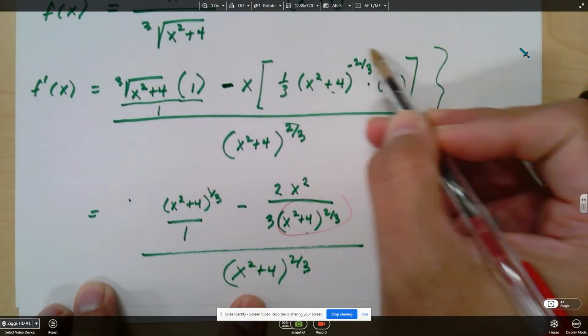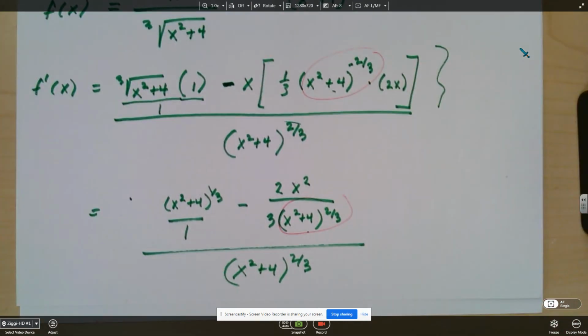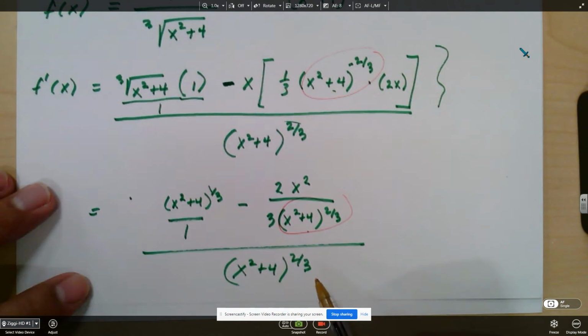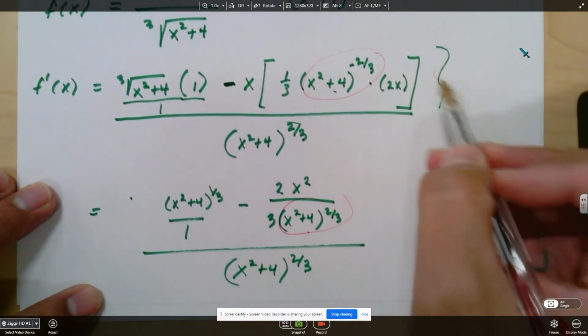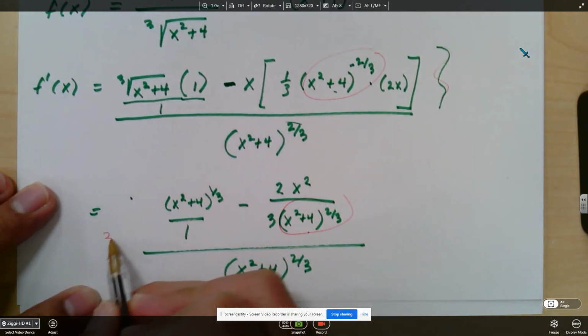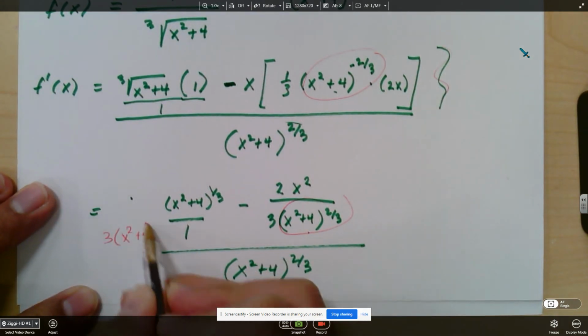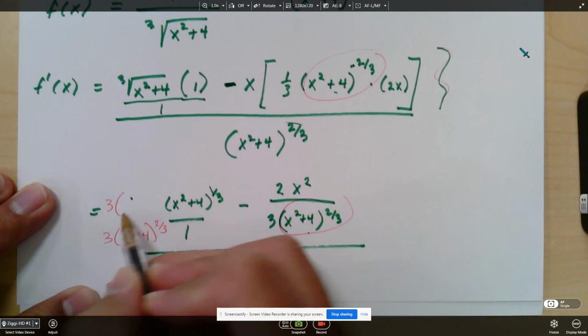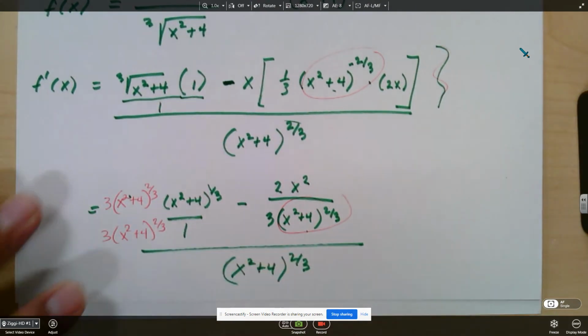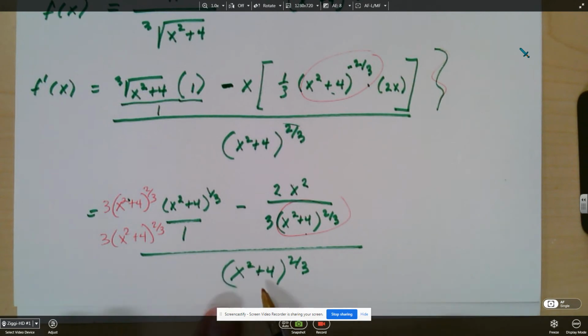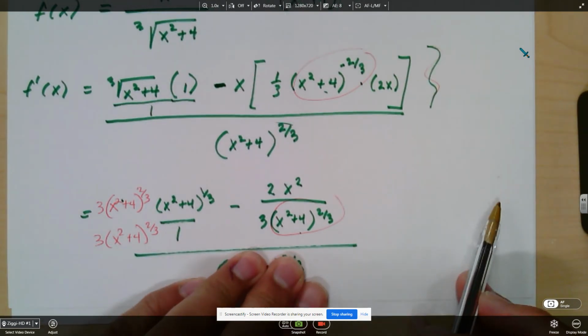So this one came from this one only. Okay, so now I'm just working with the top piece right now. I need that 3 times x squared plus 4 to the 2/3 denominator. You can start to incorporate this in, but I just didn't want to do this one just yet.